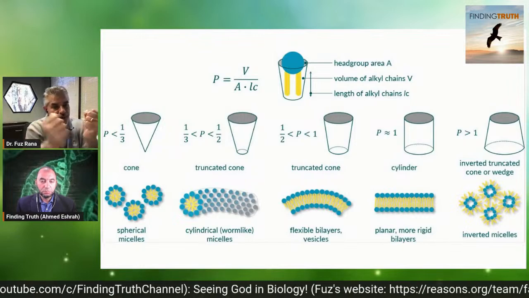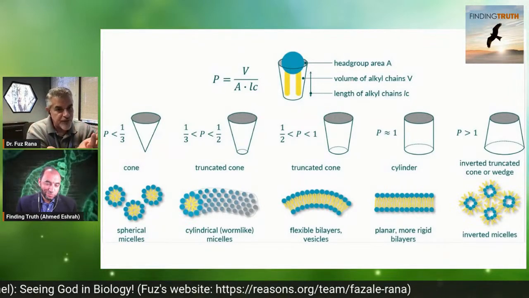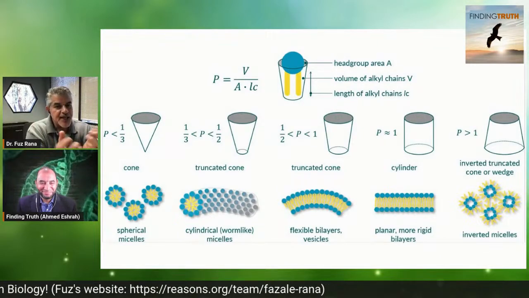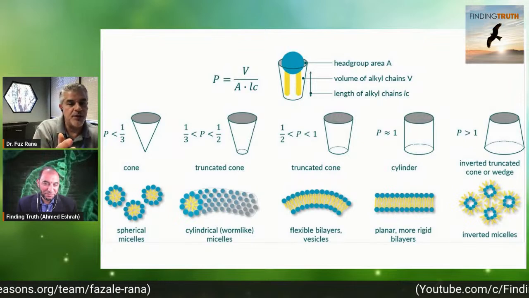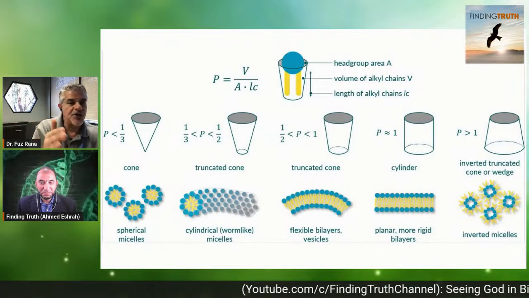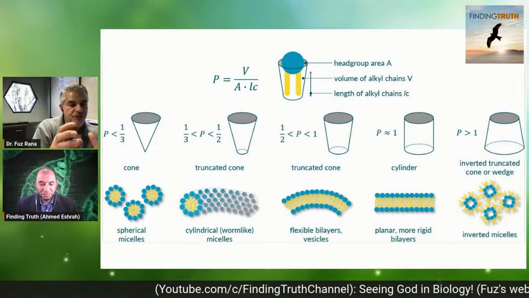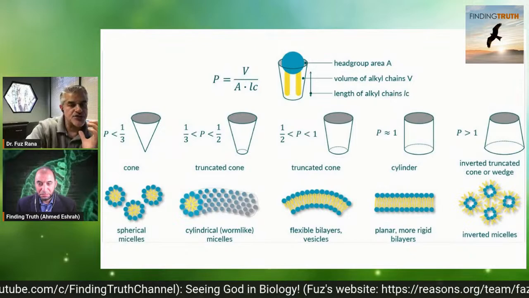When you put those molecules together, they naturally will form a spherical structure. Now, if you have a packing parameter between 1/3 and 1/2, you'll get a truncated cone, which will still form a micelle, but the micelles will be these tube-like structures.